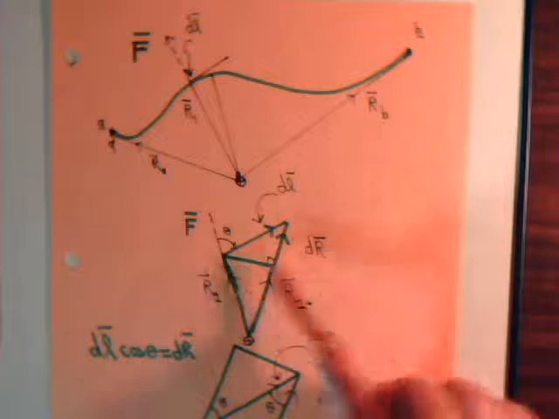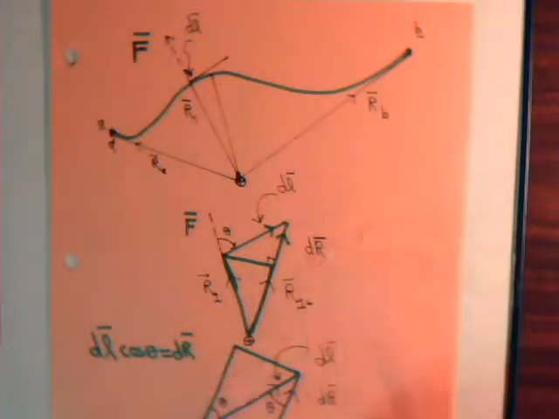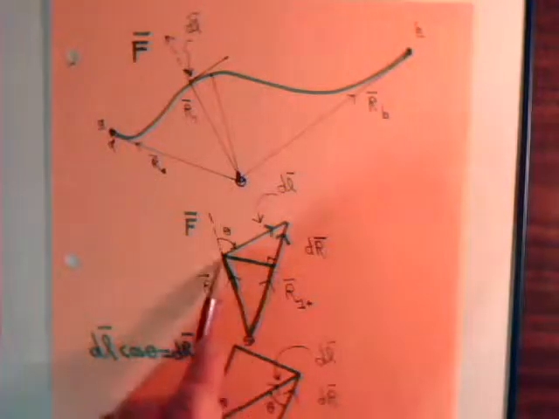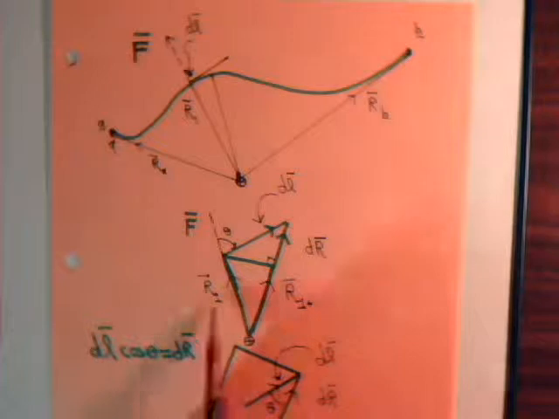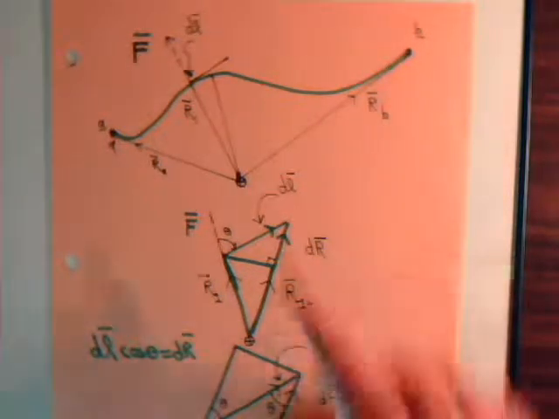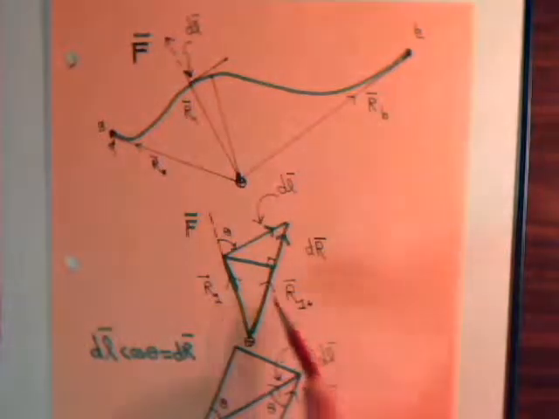So this we could break down into a dr component and a perpendicular component. Now, again, r1 and r1 plus, because r1 plus is so close to r1, it's almost right next to it, these are really parallel to each other. So let's look at it like this.